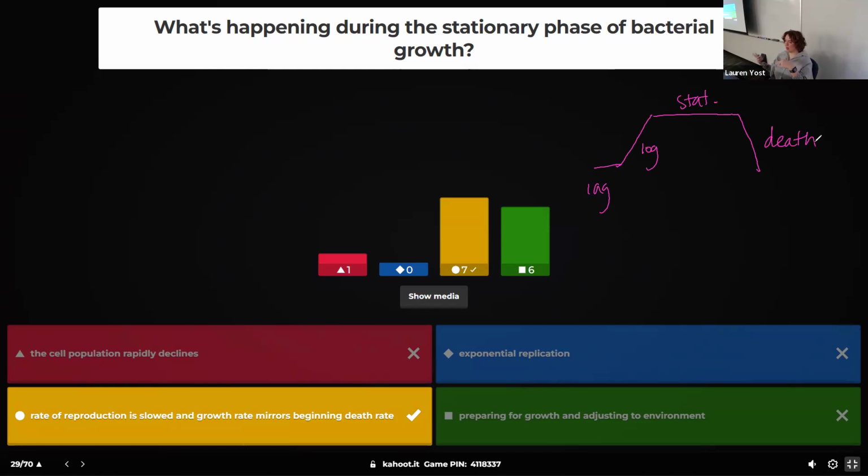Some cells might die just because they're old or will run out of a little bit of nutrients or whatever, but we'll have enough cells still be able to multiply that we keep it at a steady population rate. So that's the stationary phase. This part of preparing for growth and adjusting to the environment is the lag phase. The lag.